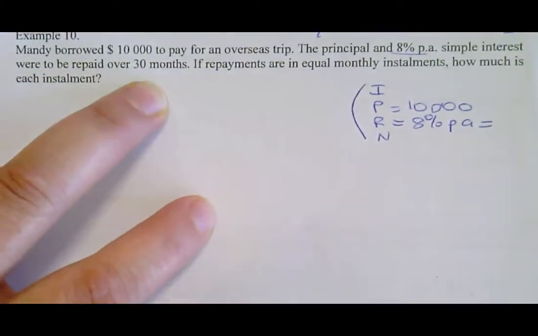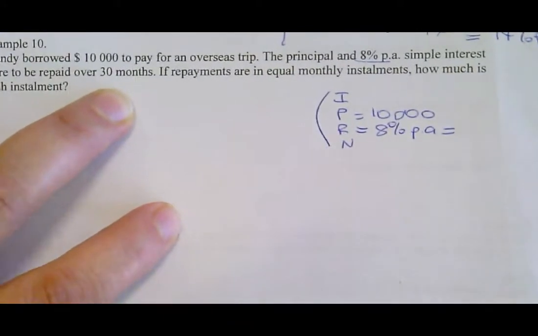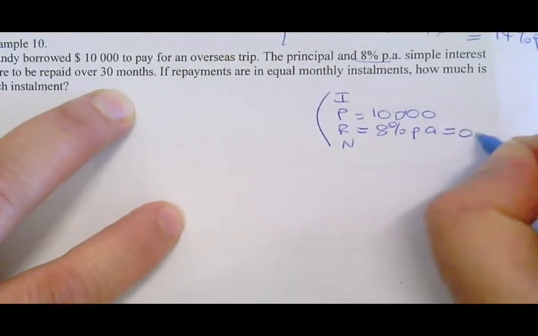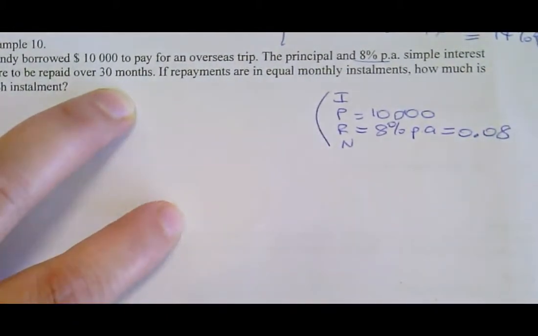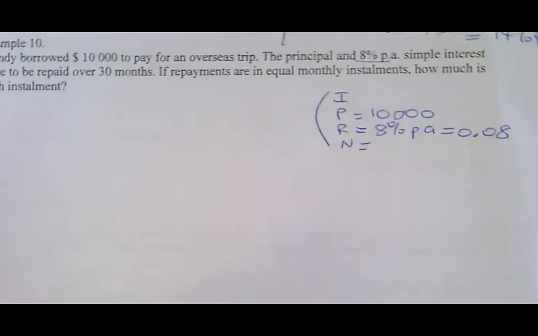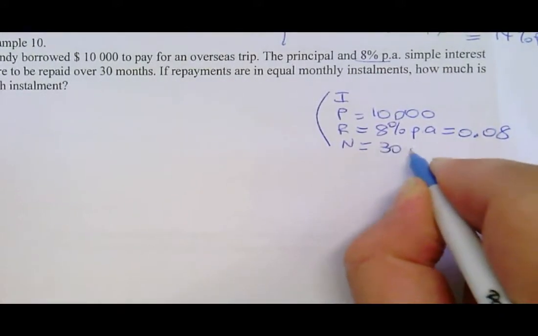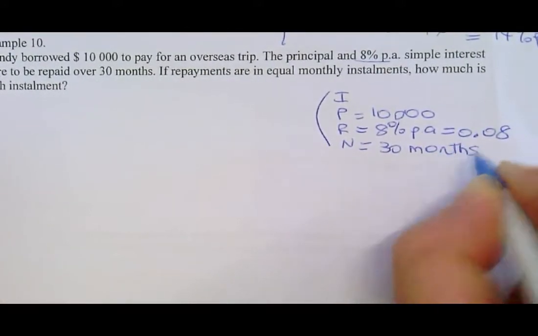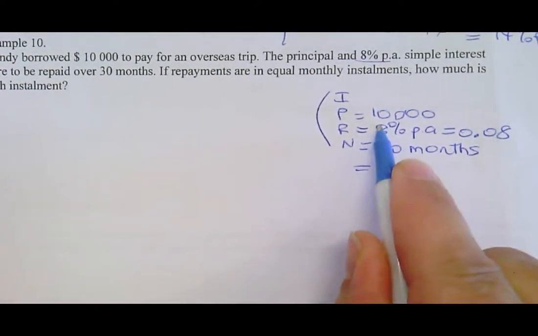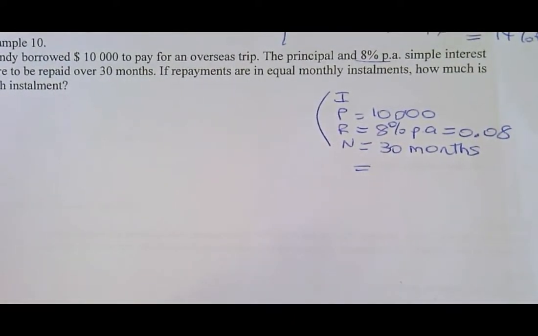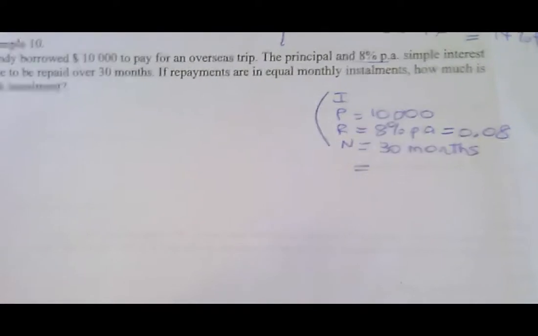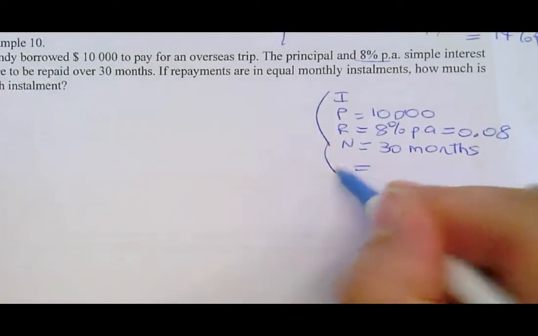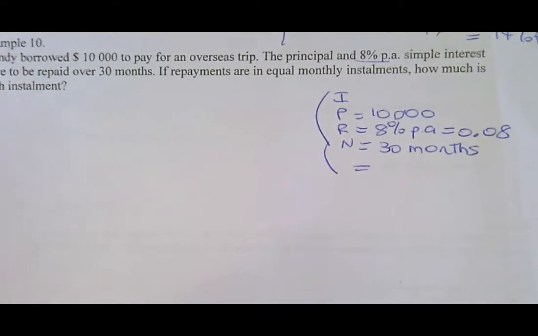What is that as a decimal? Yeah, it's 8 over 100 or 0.08. What is the N? N is 30 months. Do I really want it in months, girls? If I'm going to use that formula and R is per annum, the N has to be in years. I know the question's asking about months, but when you use the formula, R and N must be matching time periods.